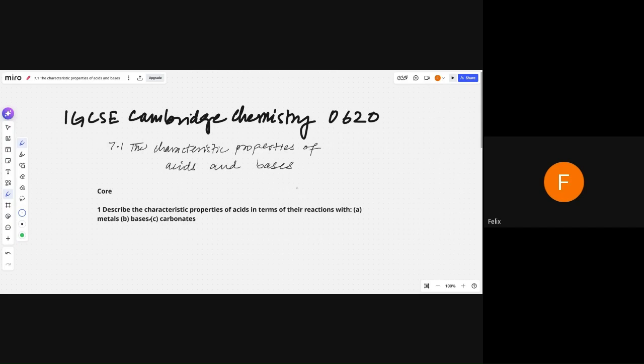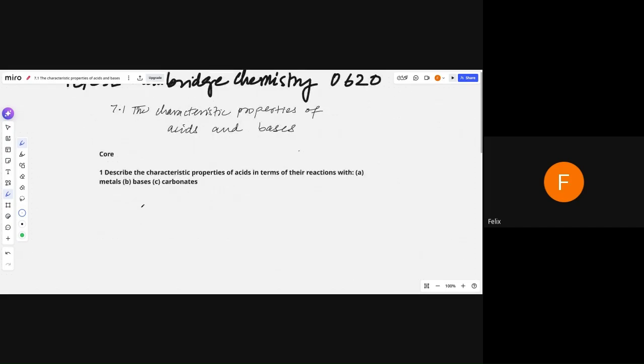So before jumping into this discussion, let me explain what basically acids and bases are, right? An acid is a chemical that has a pH less than 7. The pH is a scale which determines whether something is an acid or a base.